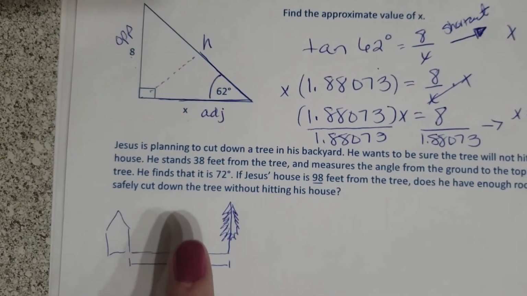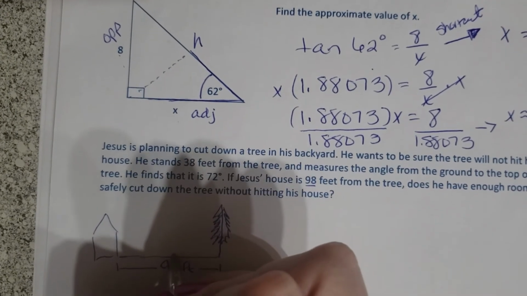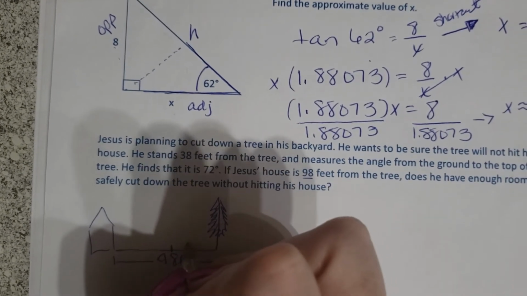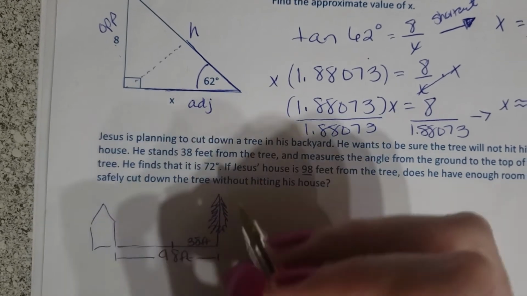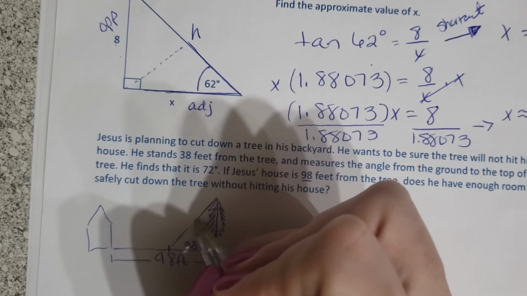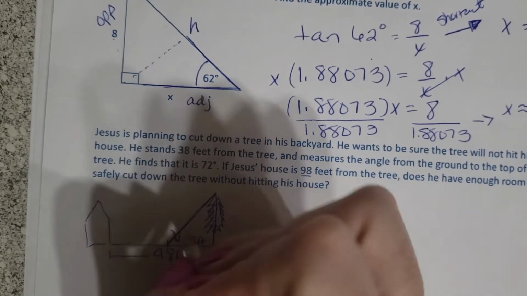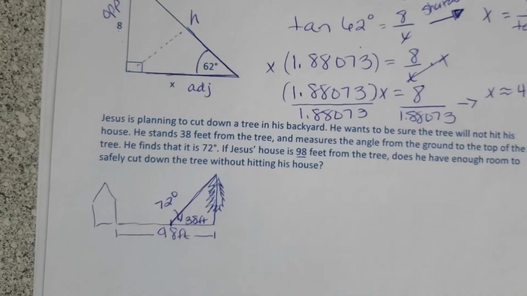Jesus stands 38 feet from the tree, so that's kind of like here, and this is 38 feet. And he measures to the top of the tree and finds out that this angle right here is 72 degrees.